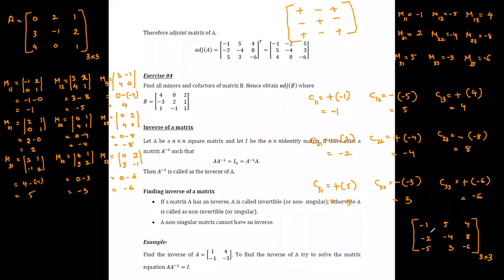But what we need to obtain is the adjoint matrix. Therefore, we have to take the transpose of this matrix. Therefore, we can say that the adjoint matrix of A, which we denote as ADJ A, can be considered as the transpose of the matrix including cofactors. These are the cofactors that we have obtained.